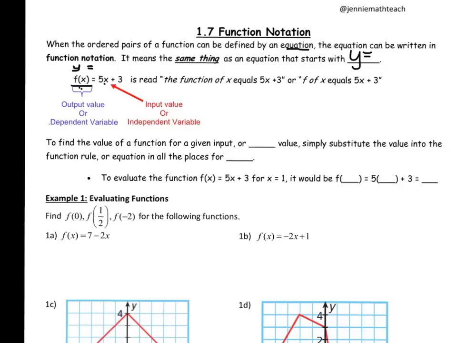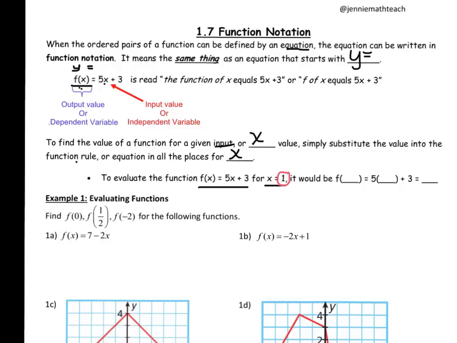So to figure out what your y value will be, what your function equals for whatever input you have, inputs are the x's, so you're just going to put whatever your number is into the equation wherever you see the x. So if we were going to evaluate this function for x equals 1, x is our input.